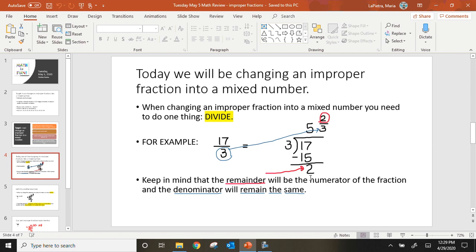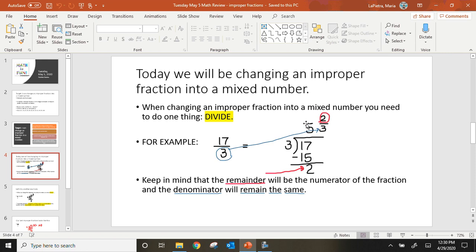My remainder is 2, and look where I went and put my remainder. I put it on the top, and my denominator remains the same, 3. So my mixed number, again, is a whole number and a fraction, and my answer became 5 2/3.